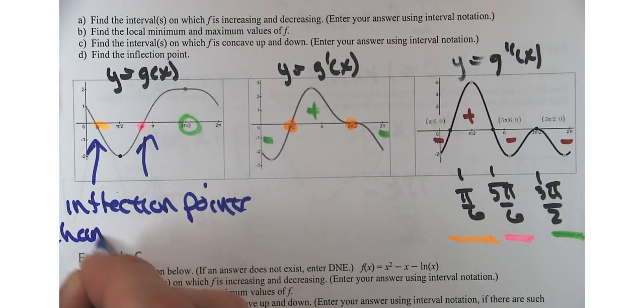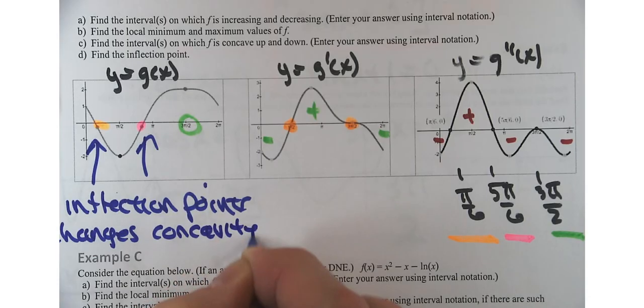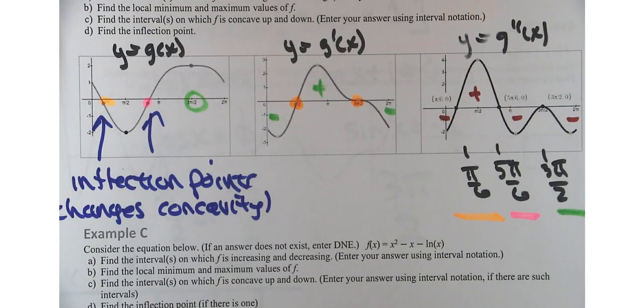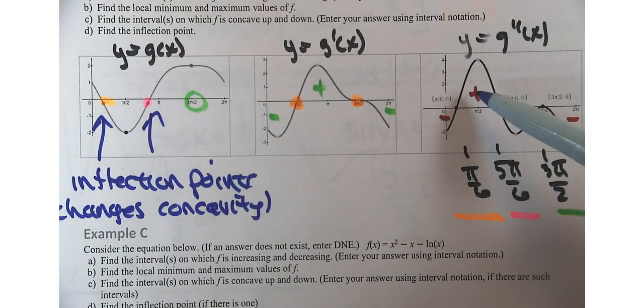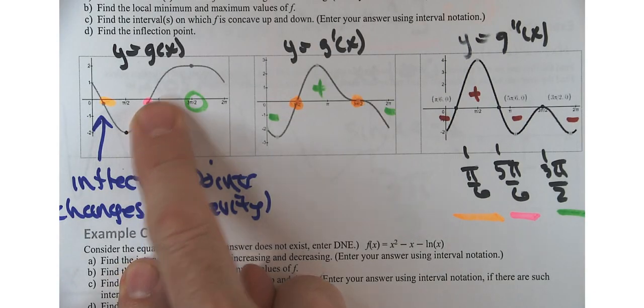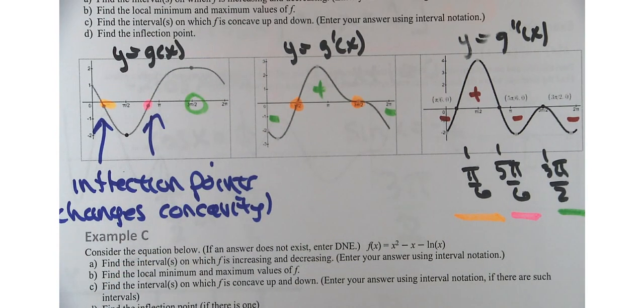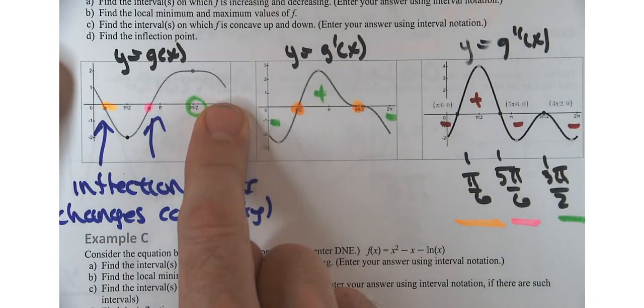You're going from concave down to concave up, and then concave up to concave down. So overall, the function is concave down, starting from 5 pi over 6 to here.